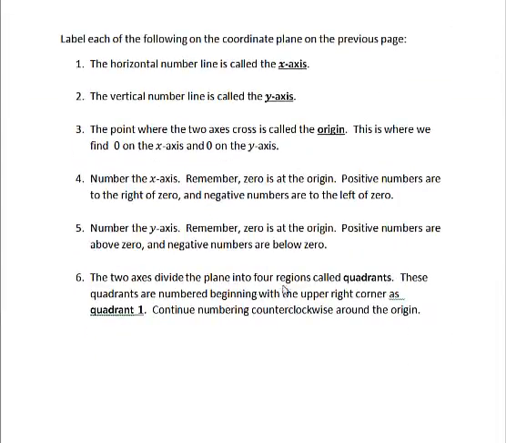So here's sort of a summary of what we talked about on the previous page. Horizontal and vertical number line, the x and y axis. We pointed out where the origin was and what the coordinates of the origin was. We talked about the x-axis and the y-axis in terms of positive and negative numbers, and then we just labeled the quadrants.